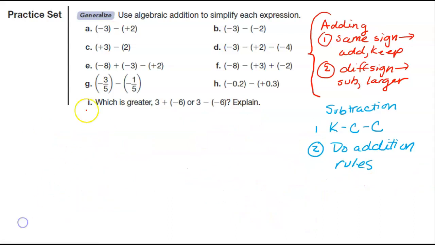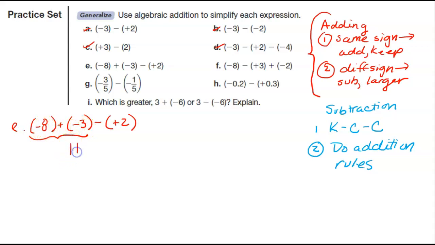Okay, so we did A, B, C, and D. Let's go ahead and do E here. So this is -8 plus a -3 minus a +2. So with the first two, I have an addition problem. -8 plus -3, it's the same sign, so I add them. 8 plus 3 is 11, and I keep the sign.